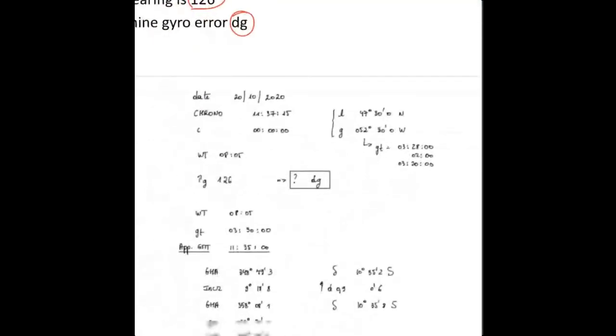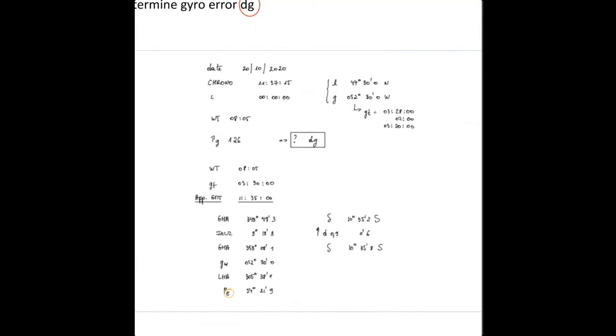With our gyro compass, we take a bearing, and the bearing says 126 degrees. You're being asked to calculate the DG, the gyro error. You know your latitude and longitude, and you know the time of your observation. Watch time 8:05, chronometer time 11:37:50. So how do we start?